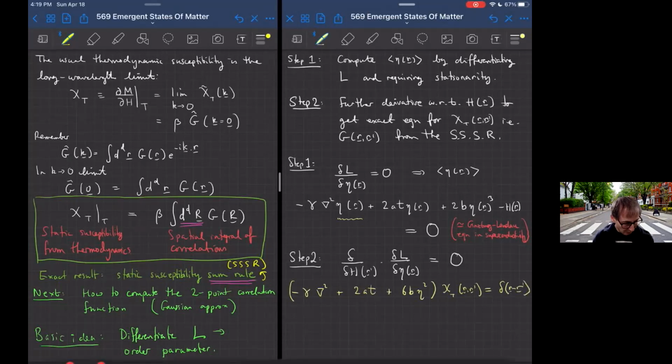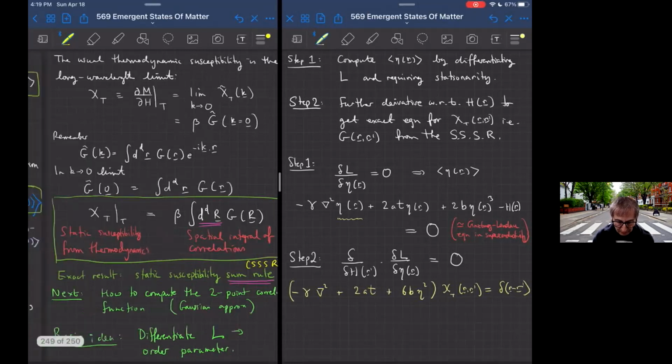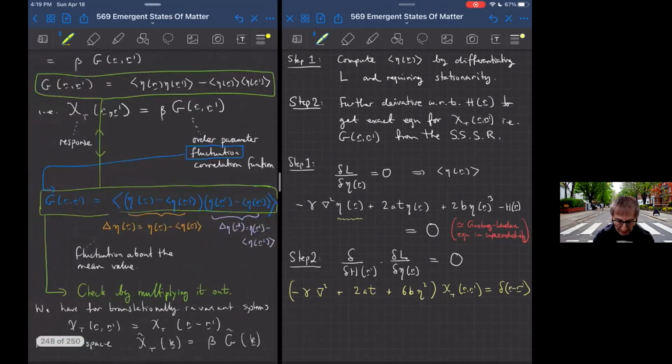So make sure you can do that. And then remember, we have the static susceptibility sum rule. That's this relationship that we have over here. And so I can then write this as beta times minus gamma del squared plus 2at plus 6b eta squared g of r minus r prime is equal to delta of r minus r prime.